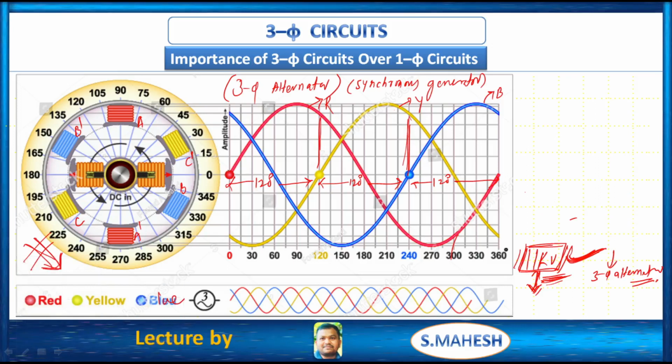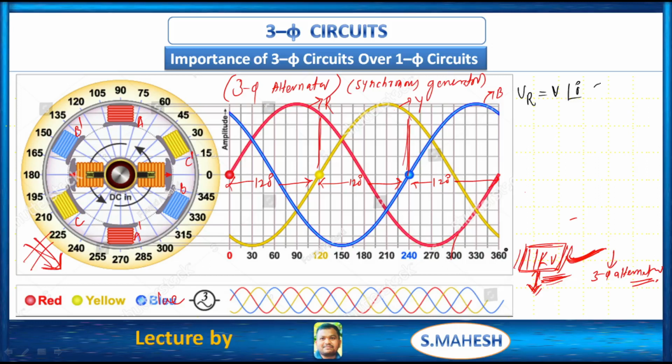See, so when R is at 0, we don't have any voltage. Of course we are having voltage, but it is having negative voltage, it is having positive voltage. When it is at 120 degrees, we are having Y phase. When Y phase is at 240 degrees, that is 120 degrees, we are having B phase. See, let us say VR is equal to V at an angle 0.